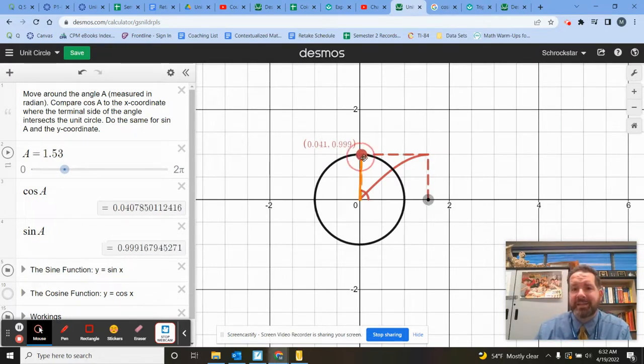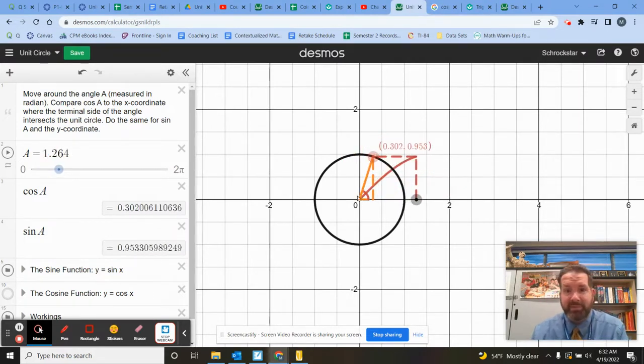The height, it's drawing in here this horizontal dashed red line. I hope you can see that the height is just the y-coordinate of this point, where you have the terminal side of the angle intersecting the unit circle. So it's the sine value.